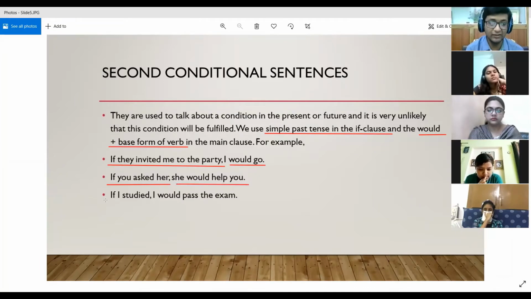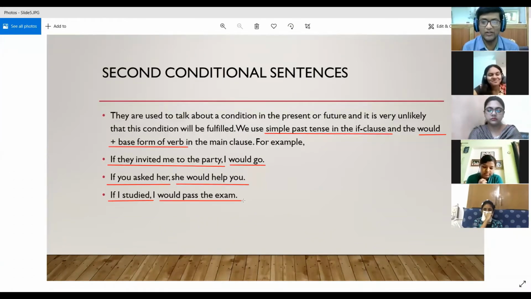Now, see the third one. If I studied, I would pass the exam. So in this case, why is it in the past tense? Because the person himself knows that he is not going to study. It happens with a lot of you also, right? No matter how much we tell you to study, you don't.